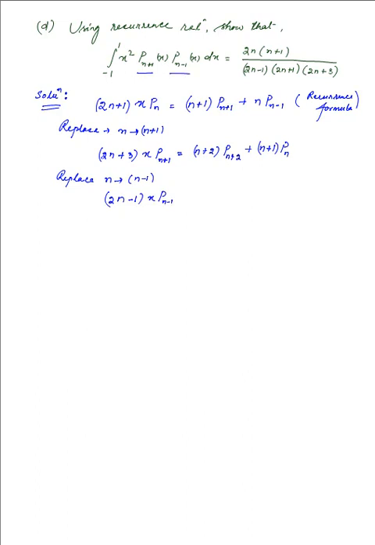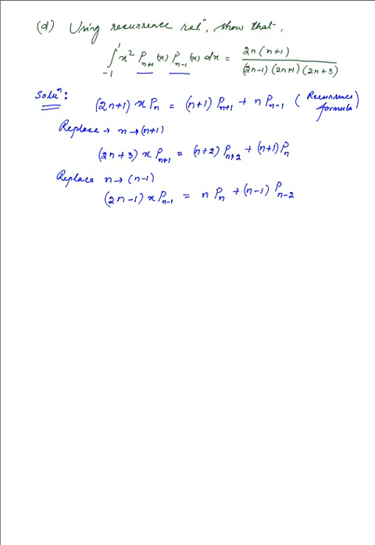On the right hand side, instead of n we are going to use n minus 1, so we are left with only n, and the P term that will consist of only n, and also the next term will have n minus 1 multiplied to P. N minus 1 minus 1 is n minus 2. So this is what we are going to get by replacing the values with n plus 1 and n minus 1 respectively.